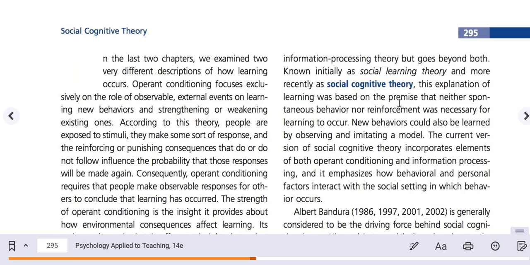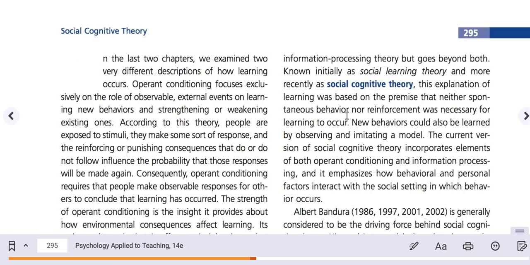In the last two chapters, we examined two very different descriptions of how learning occurs. Operant conditioning focuses exclusively on the role of observable external events on learning new behaviors and strengthening or weakening existing ones. According to this theory, people are exposed to stimuli, they make some sort of response, and the reinforcing or punishing consequences that do or do not follow influence the probability that those responses will be made again.